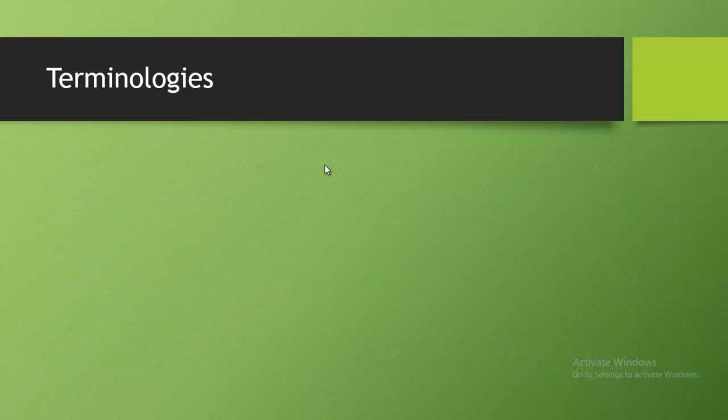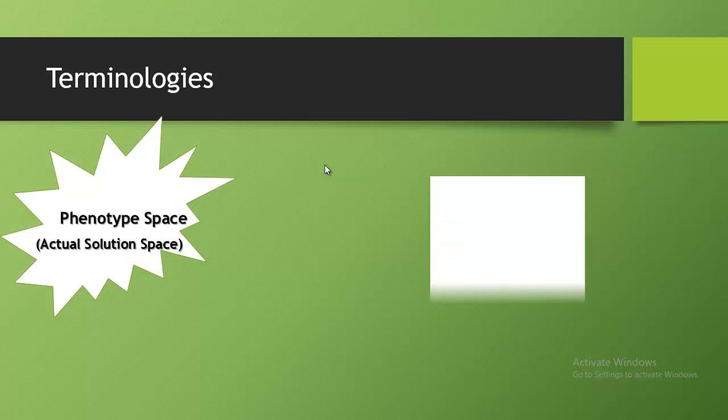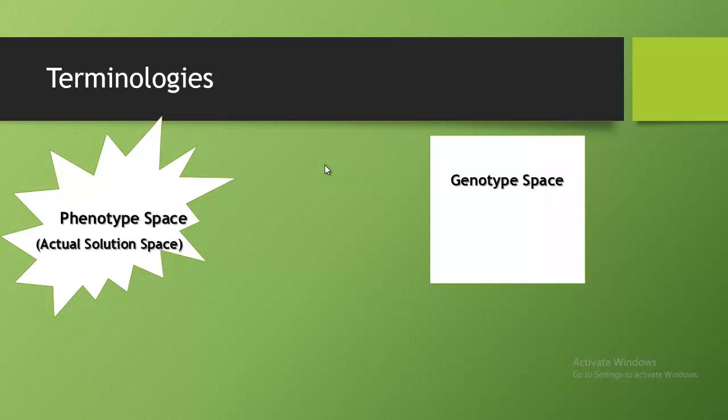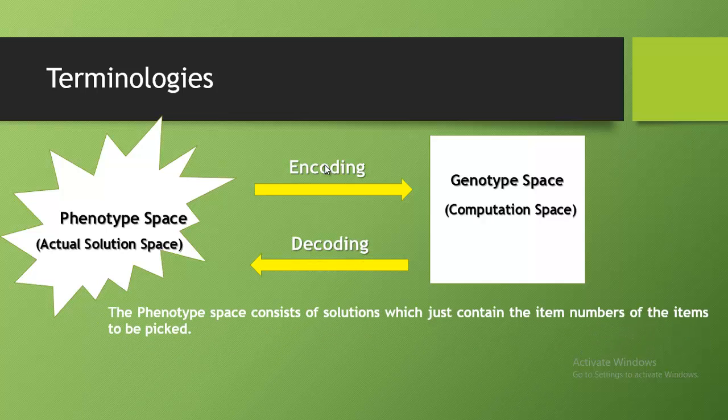Let's see each term. For example, this is the phenotype space, which represents the actual solution space. Now imagine that another space is given as the genotype space, which represents the computation space. Whenever you transform phenotype space to genotype space, it is known as encoding. And whenever you transform genotype space to phenotype space, it is known as decoding. The phenotype space consists of solutions which contain the item numbers of the items to be picked.